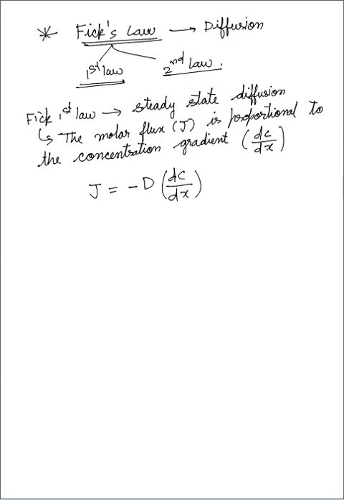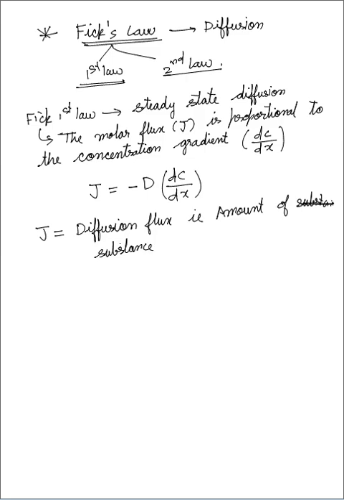Now J means diffusion flux, that is, we can say amount of substance per unit area per unit time.